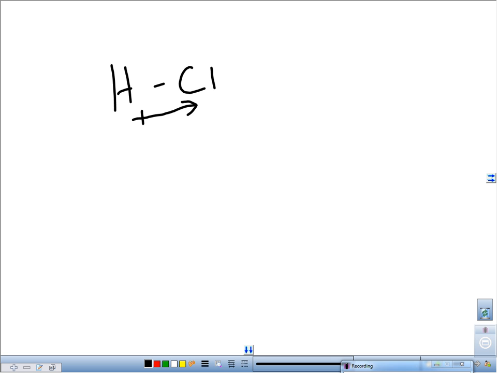And I'll be the negatively charged chlorine. We have a bond. We are a molecule. Is there one side of the molecule that's negative and another side that's positive in this case? Yeah. So we not only have a polar bond, but the molecule itself also is positive on one side, negative on the other side. So we have a polar molecule.